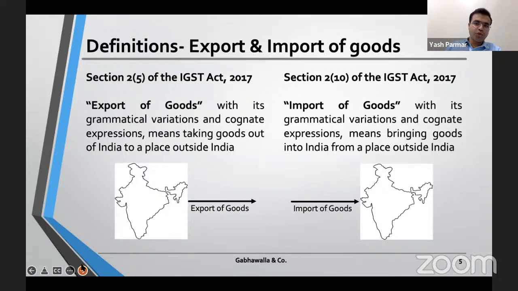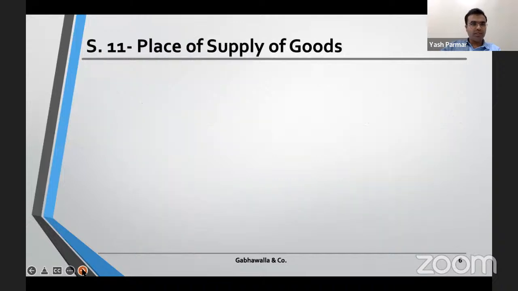So goods should cross the customs frontier of India and come inside India. Then only it will be treated as import of goods. Now with this background of the definition of export of goods and import of goods, we will try to understand Section 11 of the IGST Act, which deals with place of supply of goods for international transactions.